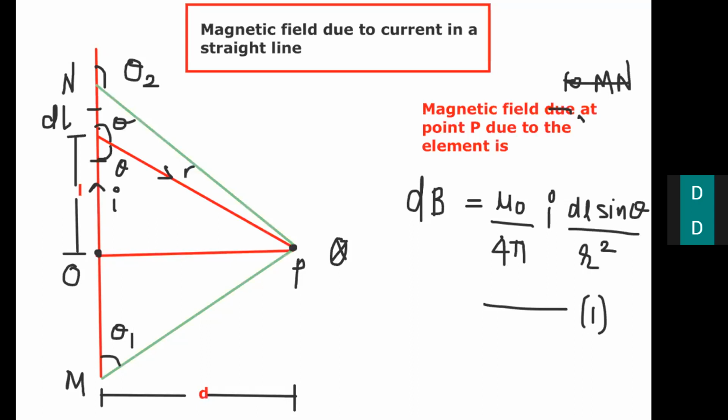If we see this diagram, based on this angle theta, we can find out that L is equal to minus D cot theta. Now I will differentiate this dL with respect to d theta.